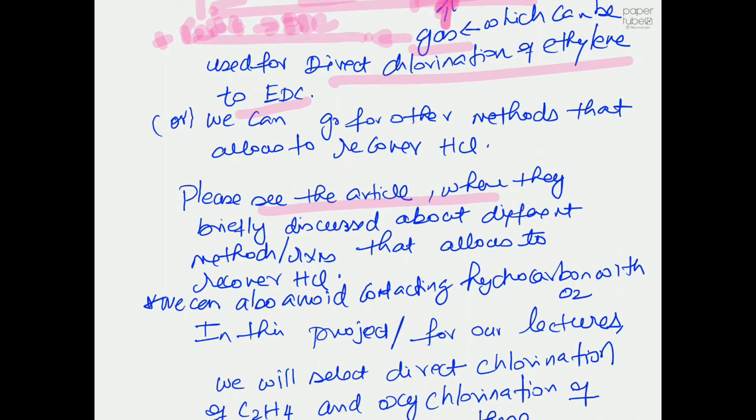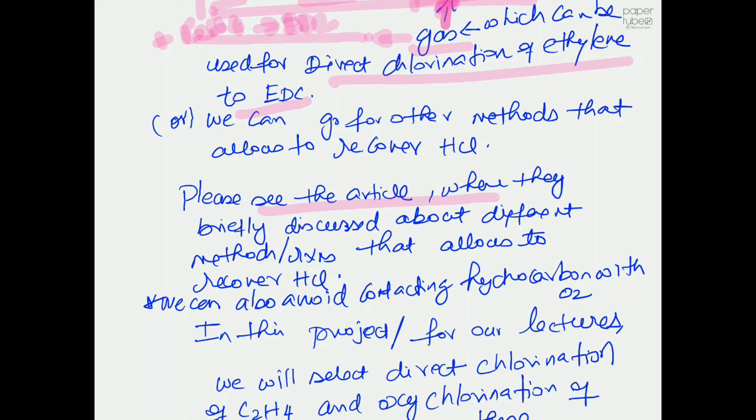Whenever you think about your design project, look for all the options in the literature: how to manufacture a product more efficiently, and whether there is any way to use the byproducts produced during the reaction. Check whether you can produce the same product using more than one technique, and whether you can recover the byproduct using more than one technique.